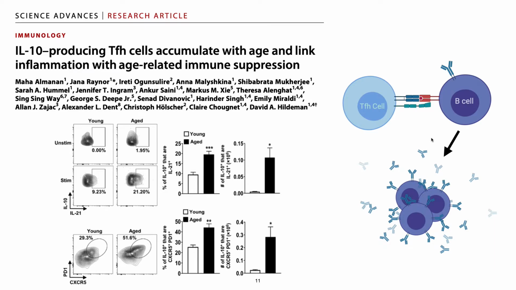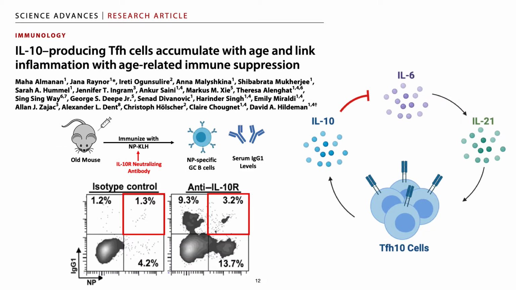They've discovered this population of CD4 cells producing IL-10 with a T follicular helper-like phenotype that accumulate with age. Tfh cells typically interact with B cells in germinal centers, and they play an important role in their selection and differentiation into plasma cells.